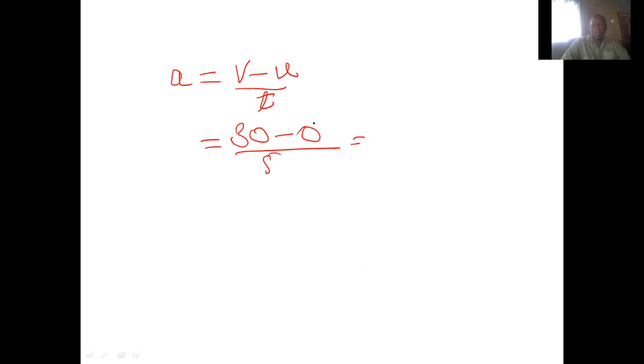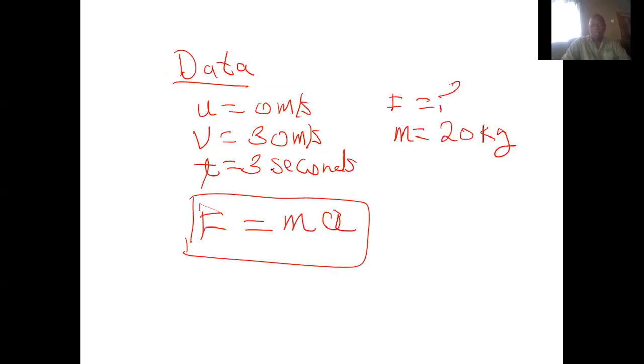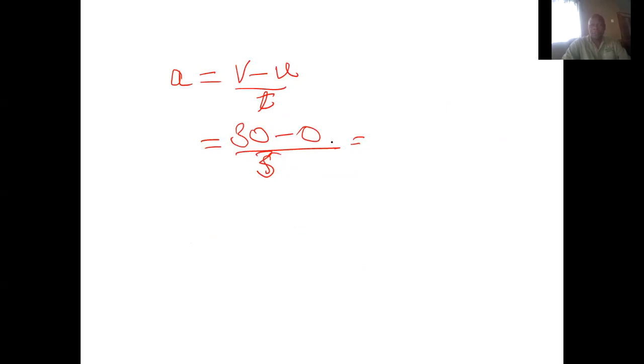Acceleration is equal to final velocity minus initial velocity over time, which gives us 30 minus 0 over 3 seconds. We are told that it's 3 seconds. This gives us 10 meters per square second as our acceleration.